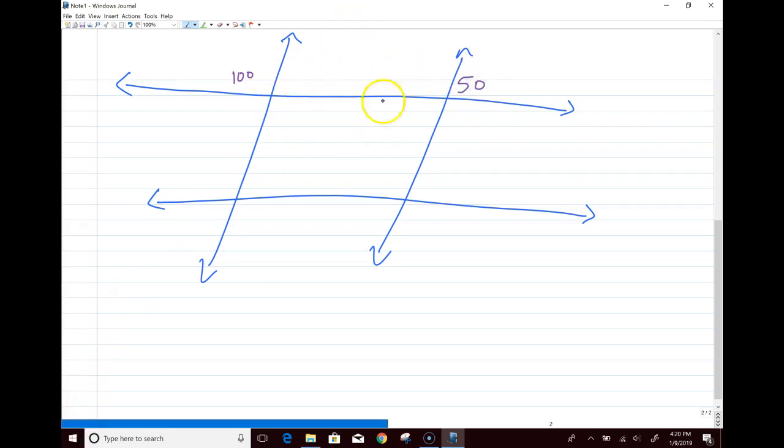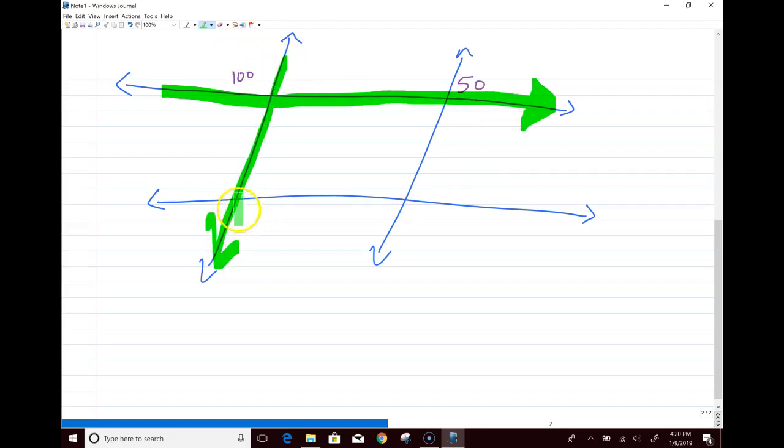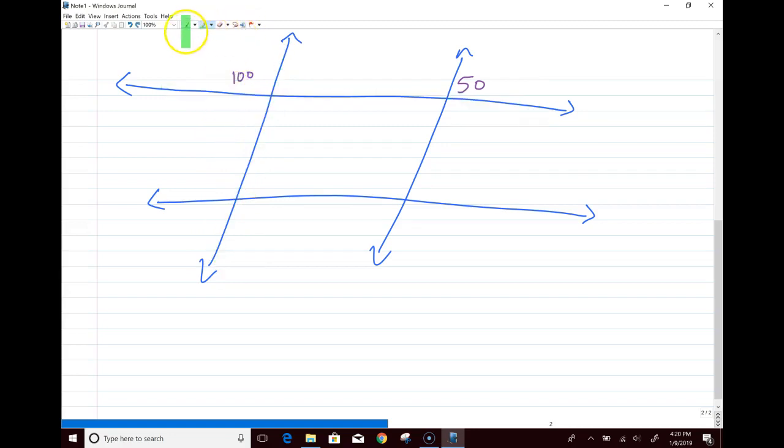Could you fill out the rest of all the other angles? Well, first you have to ask yourself this. Am I going to be following the line in this direction? Or am I going to be following the line going up and down? That's what we have to figure out. And there's a real simple way to figure it out.